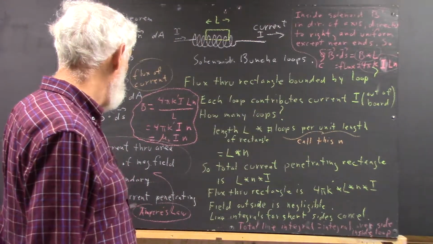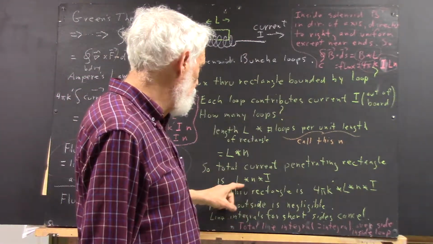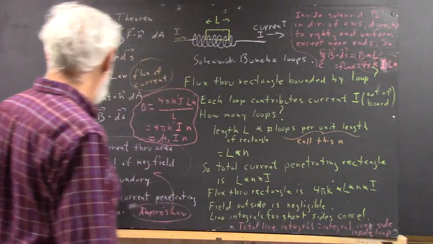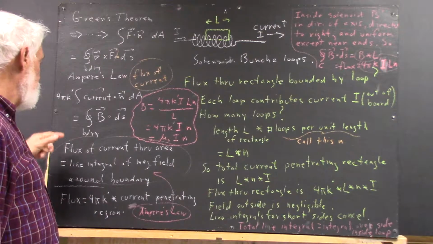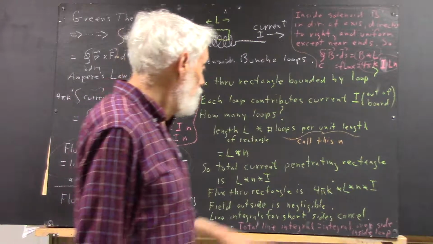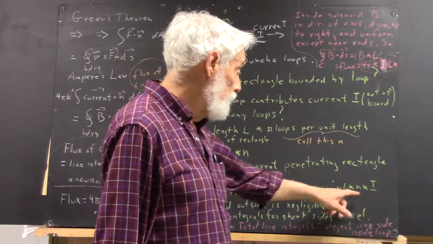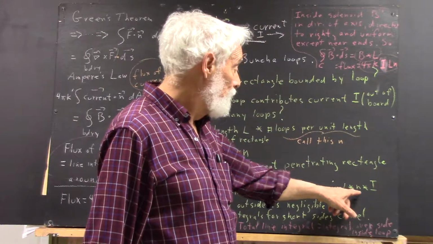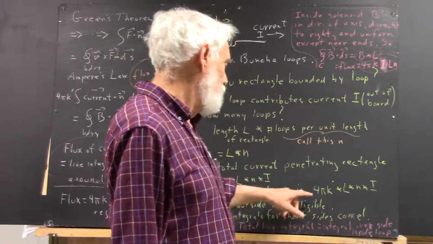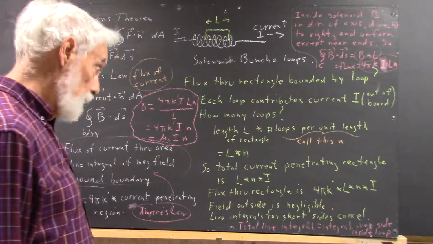When you do that, the total current penetrating the rectangle is L times N times I. The flux then is 4 pi k prime times the current penetrating the area, so 4 pi k prime times L times N times I. Again, N is the number of loops per unit length, L is the length, so this is the number of loops, and you get I from each loop, converted to flux with the 4 pi k prime.